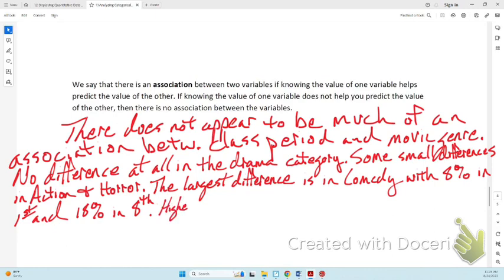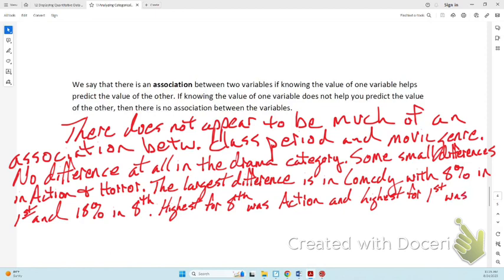Highest for eighth was action, and highest for first was a three-way tie between action, horror, and drama.